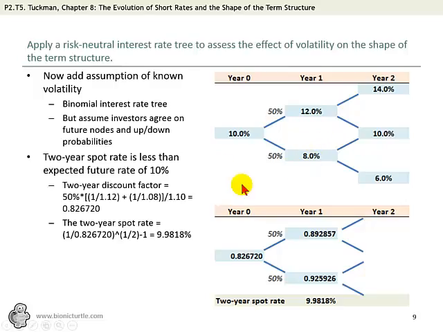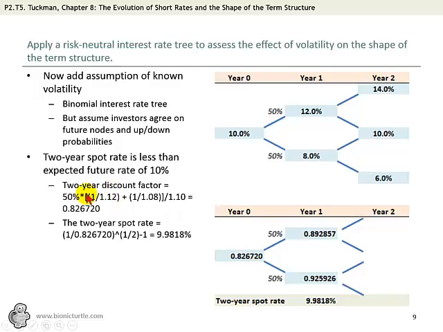Now, under this model of volatility, the 2-year spot rate ends up being 9.9818%. And you can see here the discount factor 0.826720 is computed. We've done this before.